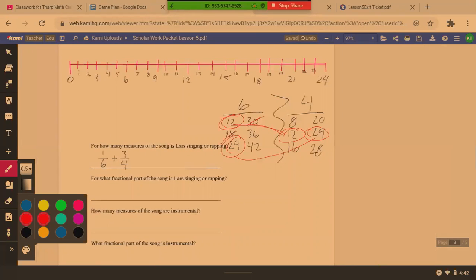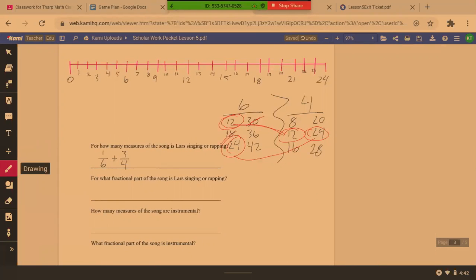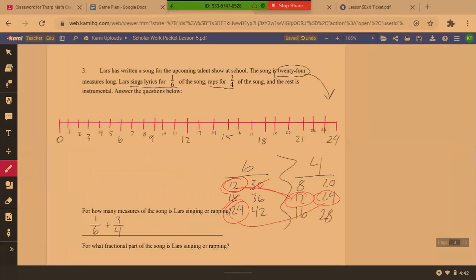Well, I'm going to make a smart decision. 12 could be the common denominator, but since our number line is 24, let's be smart. The song is 24 measures, so let's make that our common denominator.